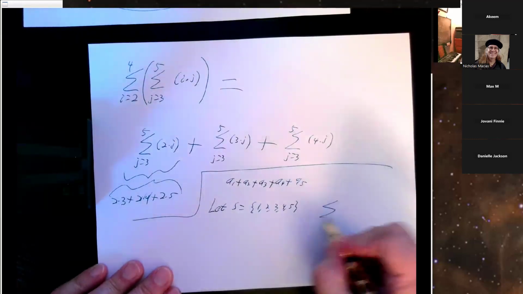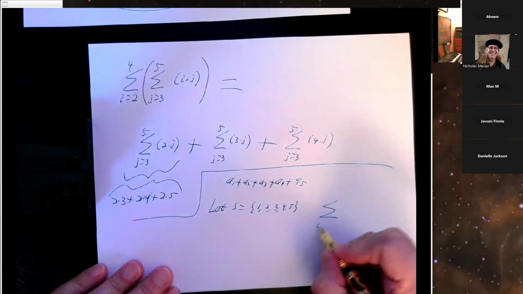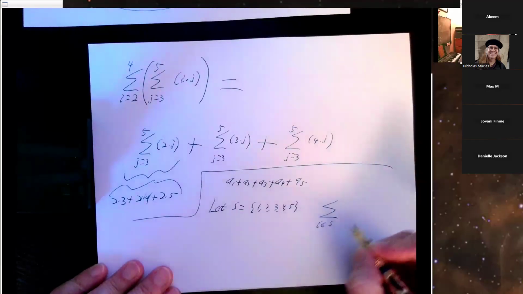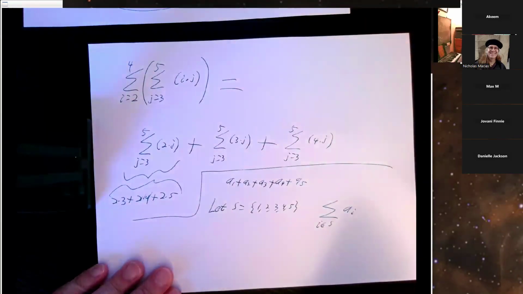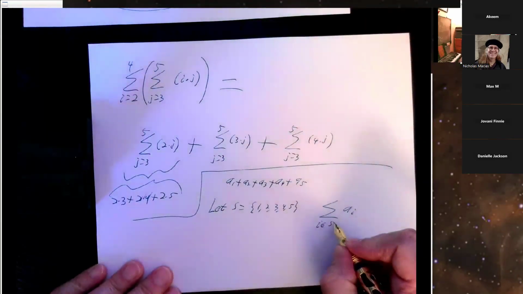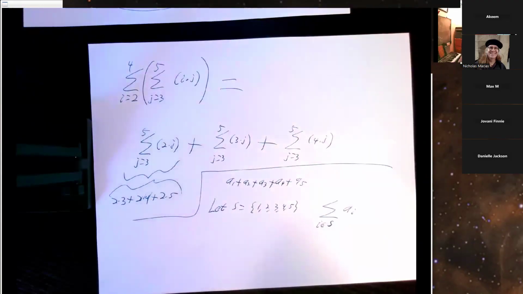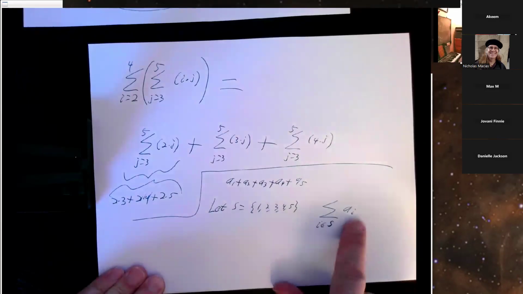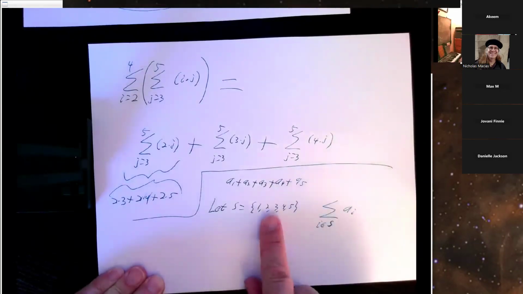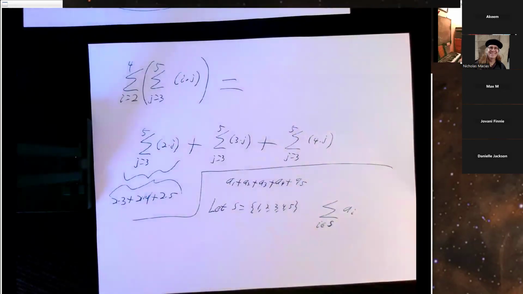And I could say let's do the sum over i as an element of S of A subscript i. This is an S, not a 5. So it's saying for each element in this set, let's do A subscript that element. And so this says, do A1, A2, A3, A4, A5, add them together.